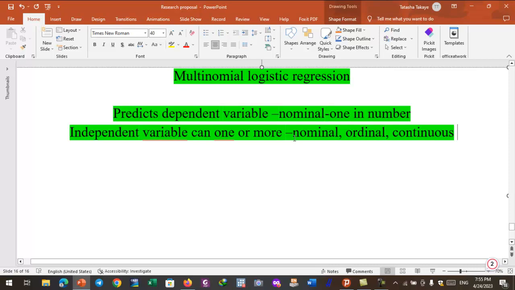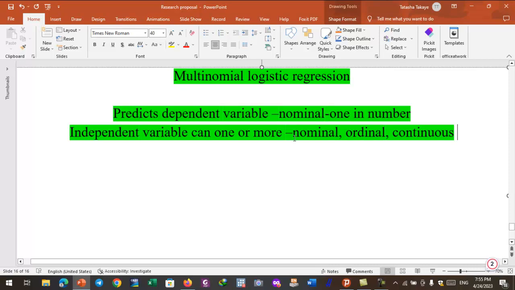Therefore, there is no requirement that the independent variables should be only nominal, or ordinal, or continuous. It can be a mix of different scales, and the independent variables in the multinomial logistic regression can assume any measure of data.